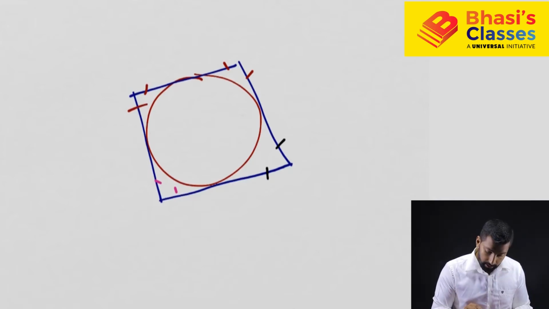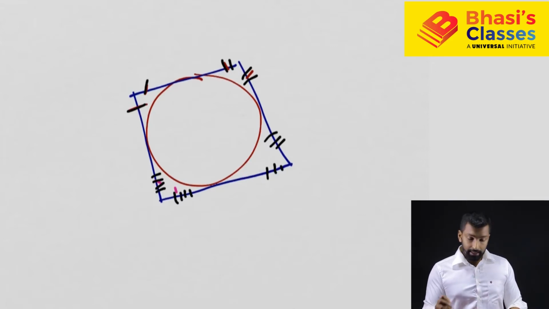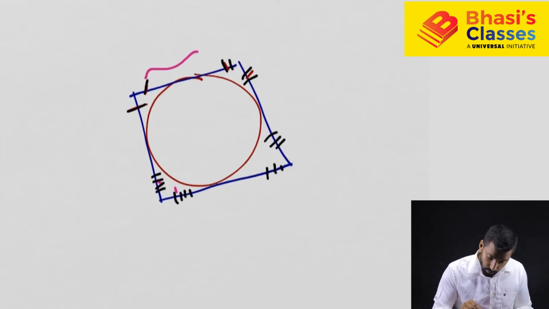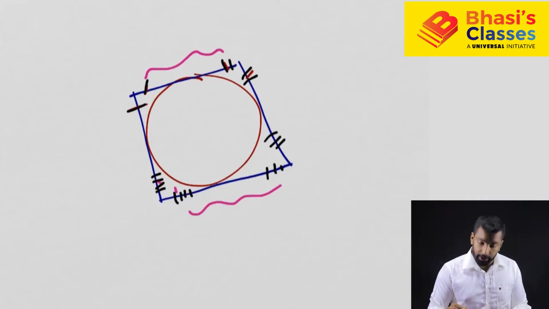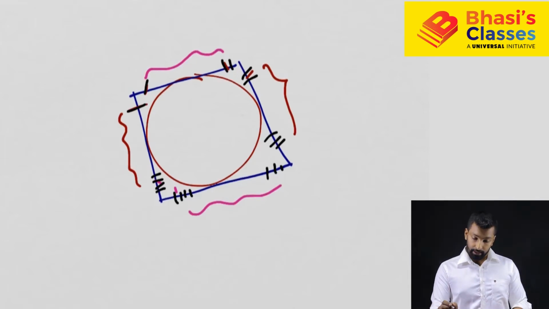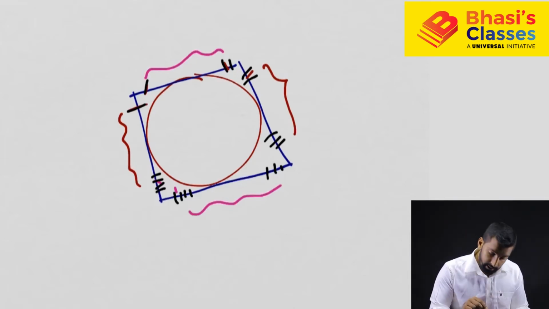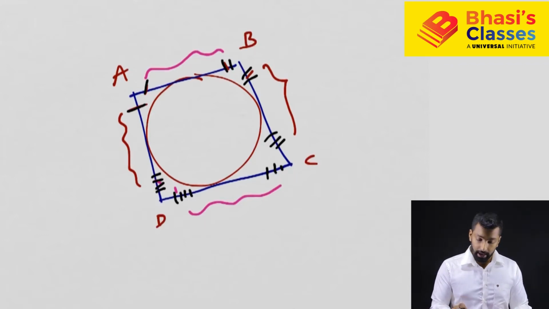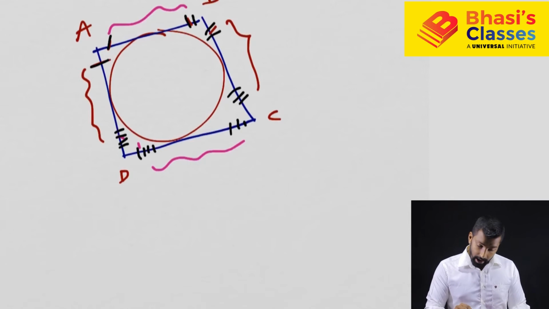So if you mark this as 1 and this as 2, this as 3 and this as 4, here you are getting 1, 2 and here you are getting 3, 4. Similarly, here you are getting 1, 4 and here you are getting 2, 3. So if we name this A, B, C, D, now it's going to be very simple.